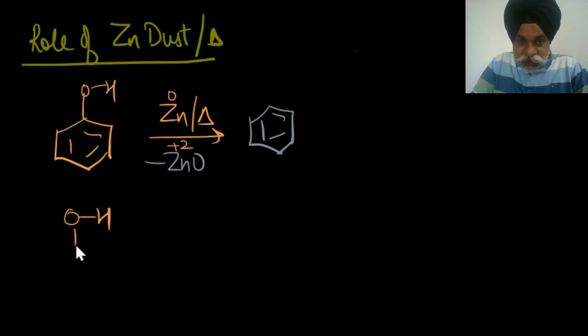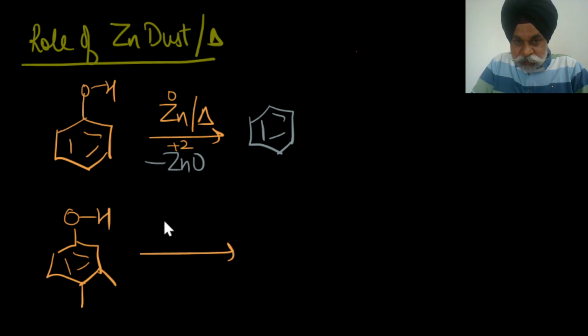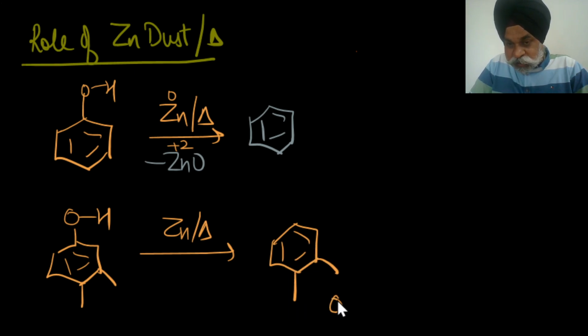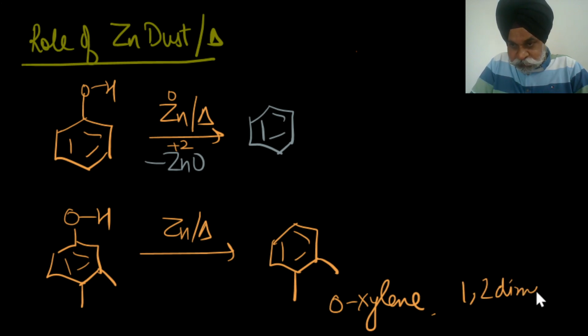So our starting material had been this one. If you have this one with you, zinc, heating, you would get a species which may now be said as orthoxylene. Common name of this is orthoxylene, or you can say 1,2-dimethylbenzene.